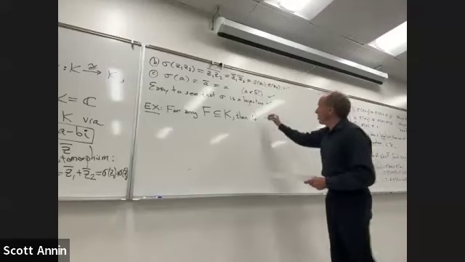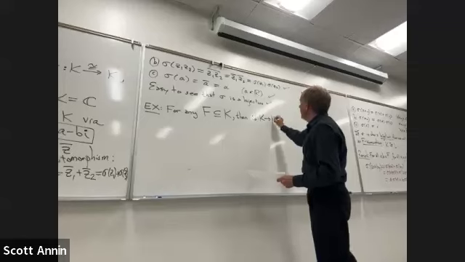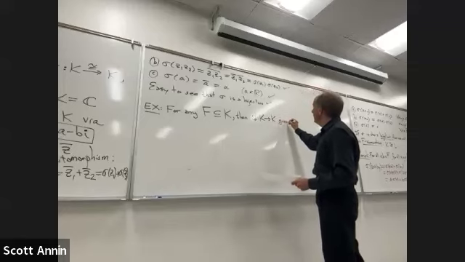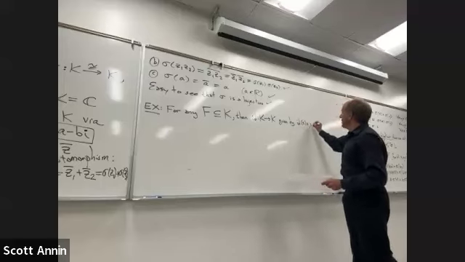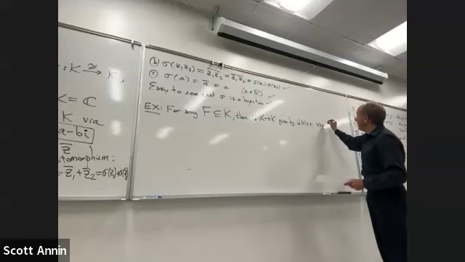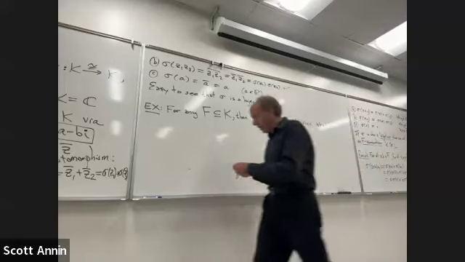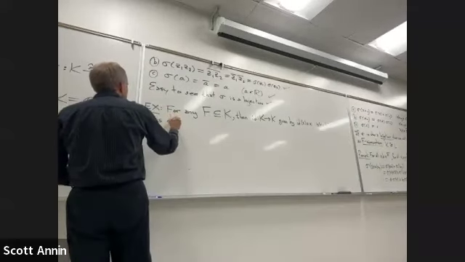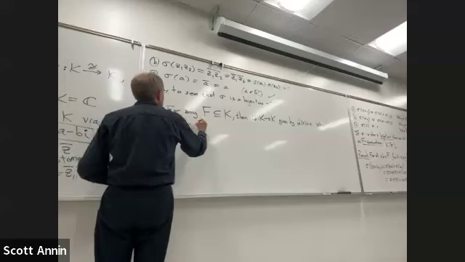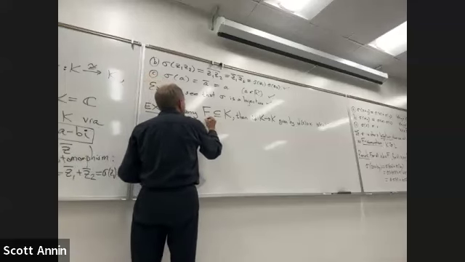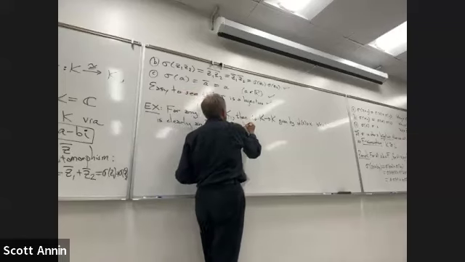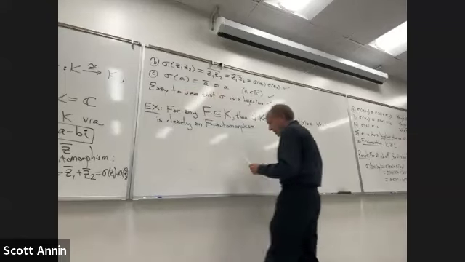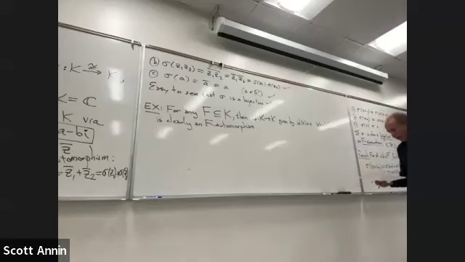The identity function from K to itself given by identity of X equals X for all X in K. This is clearly an F automorphism. That's like the easiest example that you could have. That is clearly an F automorphism. Not even a problem.